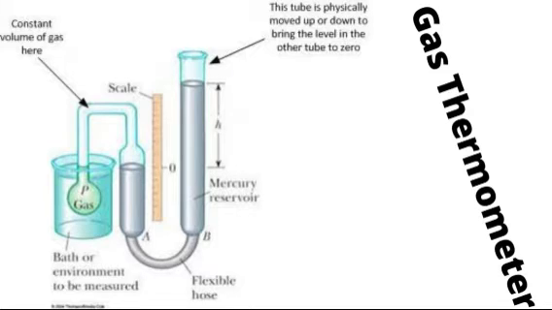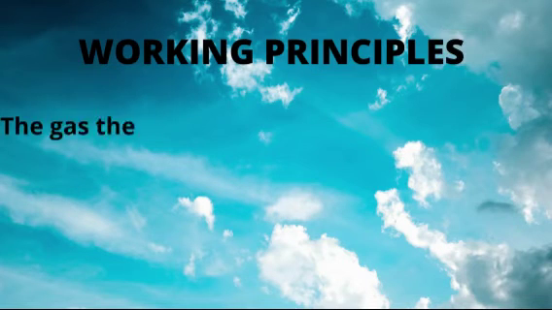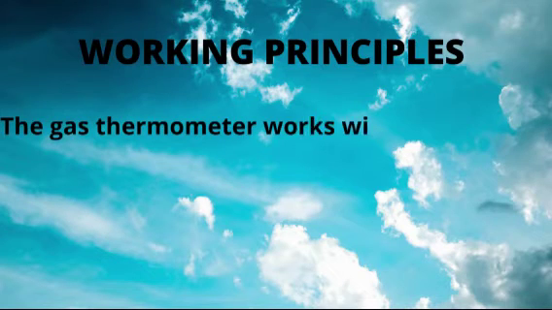That bulb, inside that bulb there is gas and it is placed in hot water. When there is an increase in the temperature of the water, the gas gains pressure. When the gas gains pressure, it goes up the tube. The molecules of gas push the walls of the container.